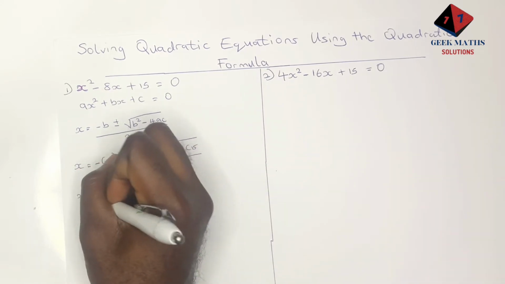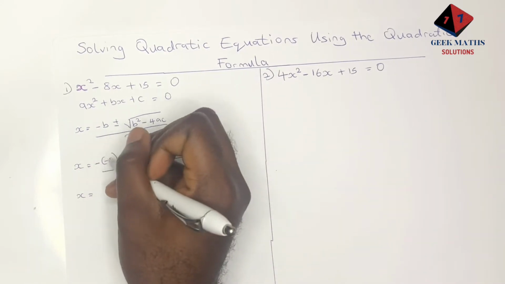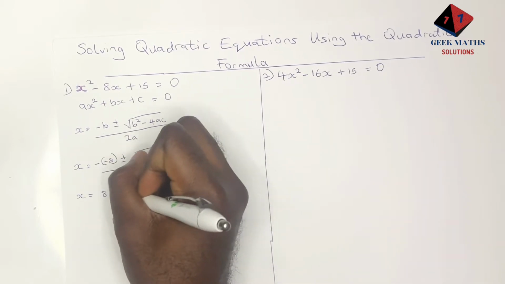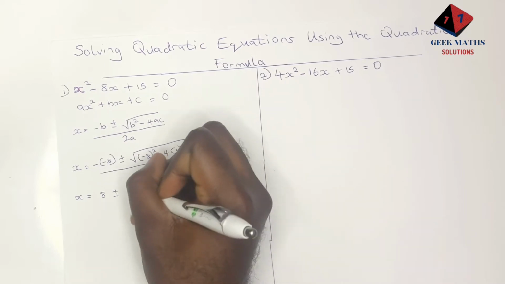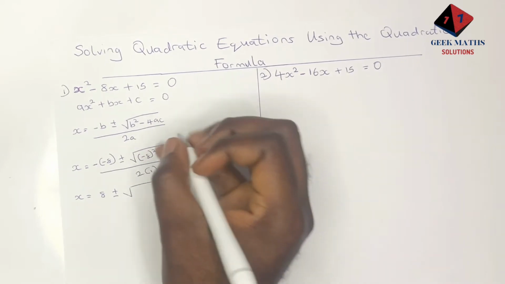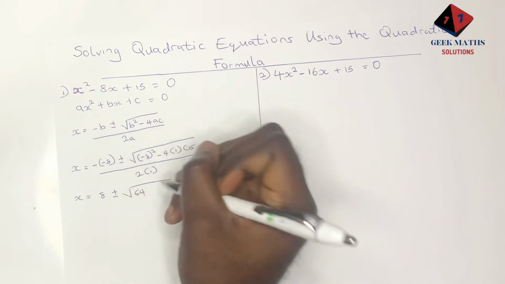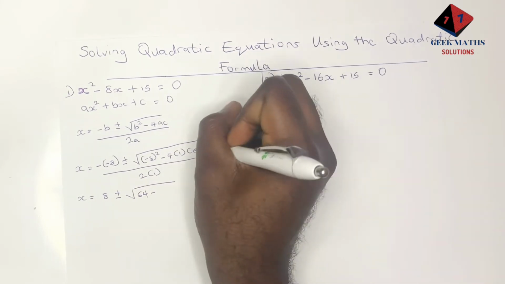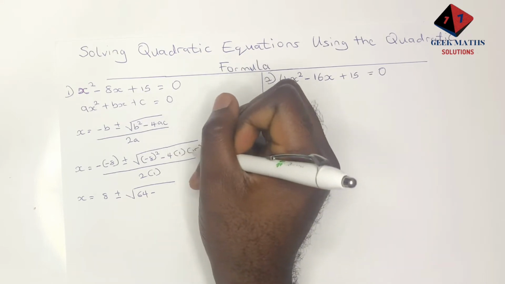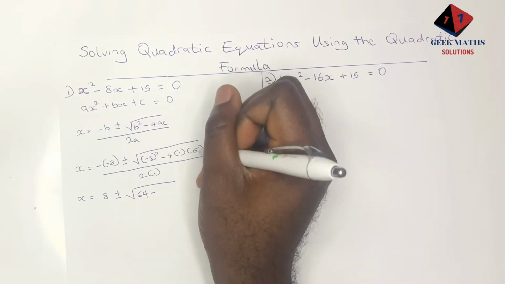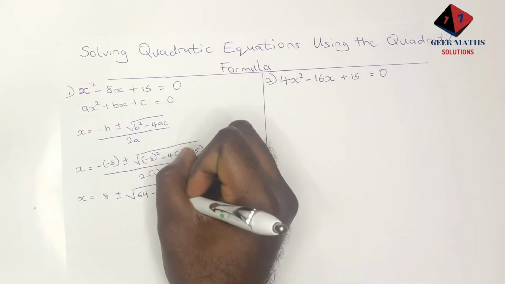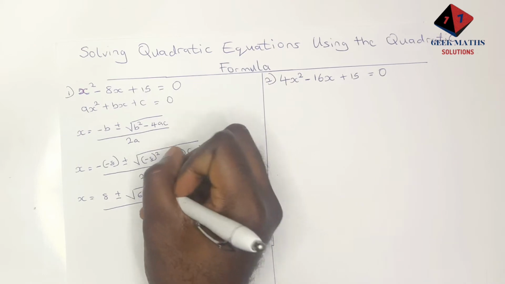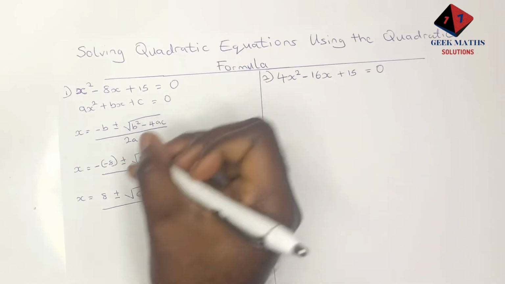So x will be minus 1 times minus 8 was 8 plus or minus the square root of minus 8 squared is 64, minus 4 times 1 is 4, and 4 times 15 is 60, so minus 60, all over 2a, which is 2 times 1, that is 2.